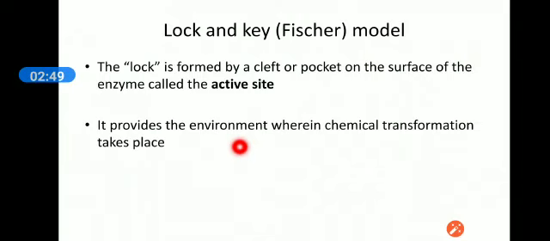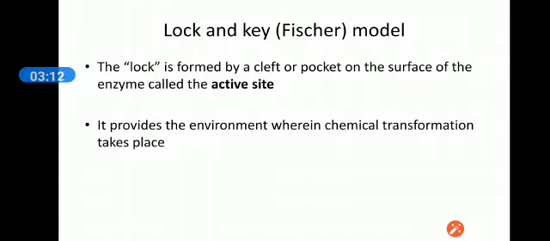Okay, the lock and key or Fisher model is self-explanatory, and it is an old model. It explains how a specific enzyme engages a specific substrate and converts this substrate into product.